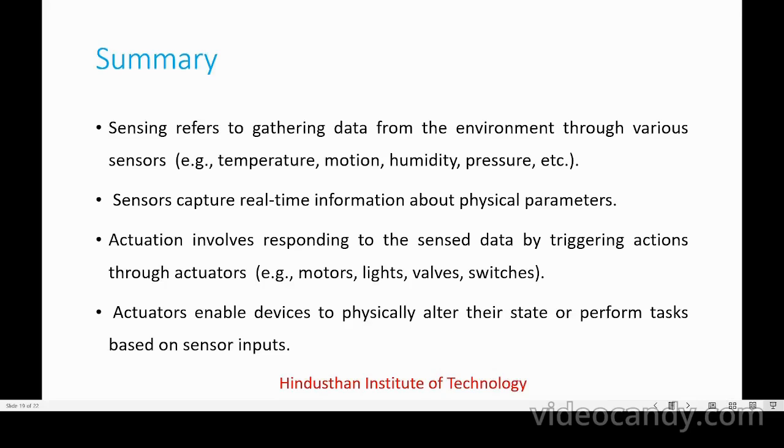Here, actuation involves responding to the sensed data by triggering actions through actuators. Various actuators are motors, lights, valves, and switches. Actuators enable devices to physically change their state, or perform different tasks based on the sensor inputs.